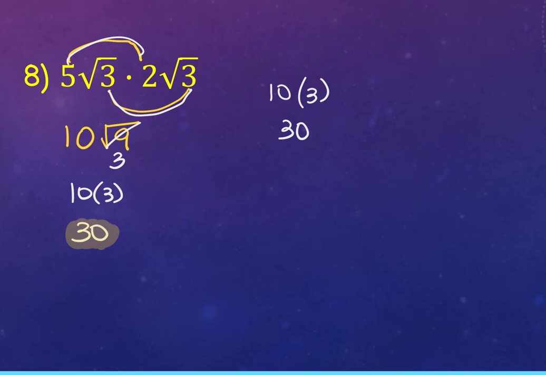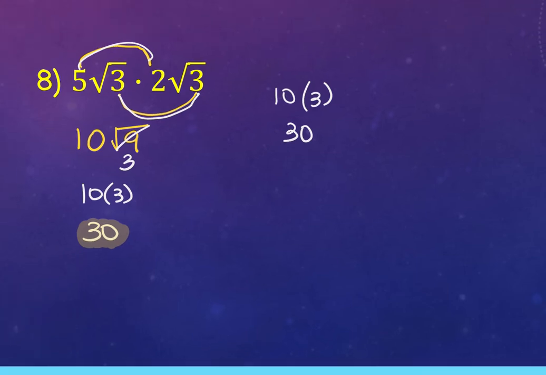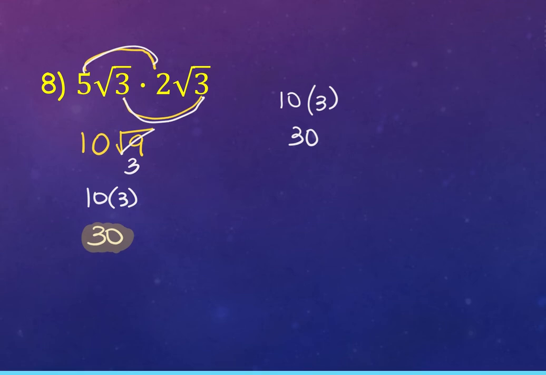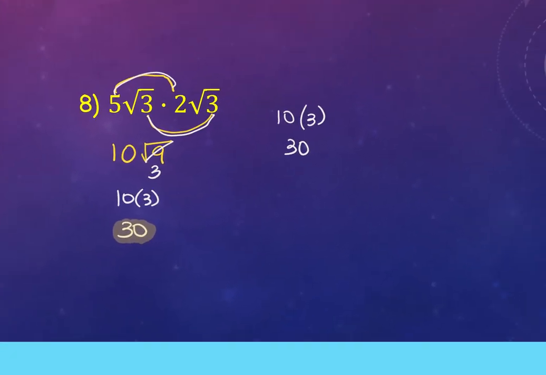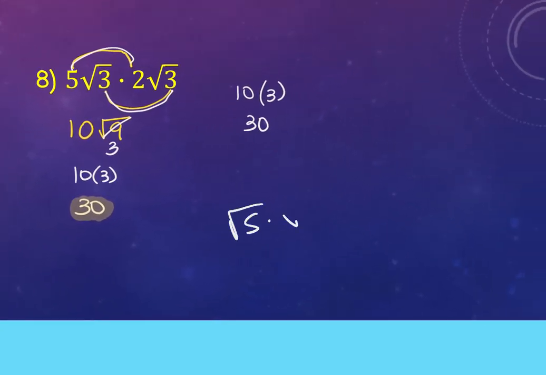So if it's square root 5, my answer is 5. Square root 11, my answer is 11, okay? Questions so far? So if it's like square root 5 times square root 5, it becomes just 5? Just 5. The long way around would be, okay, that's square root 25. Square root 25 is 5. But you can save yourself that extra step.